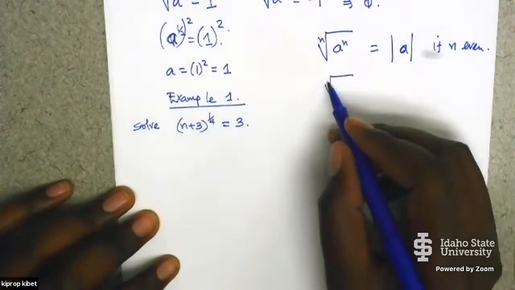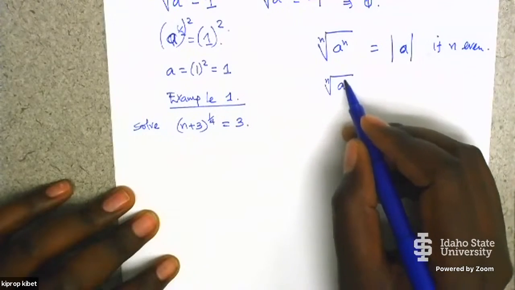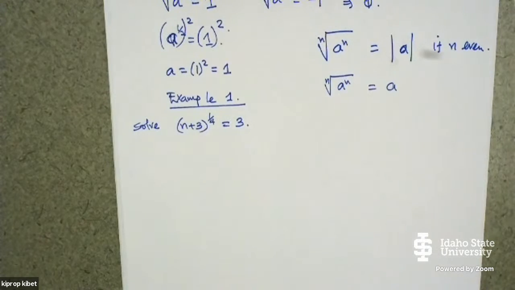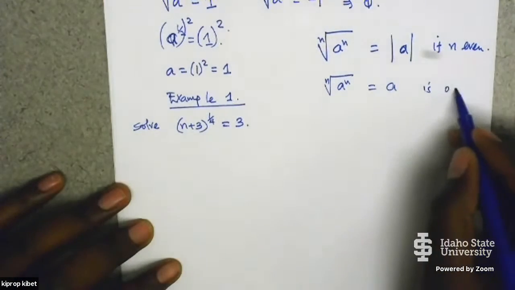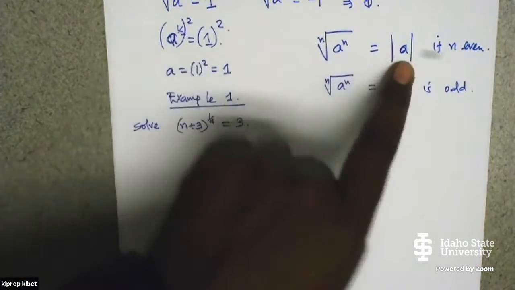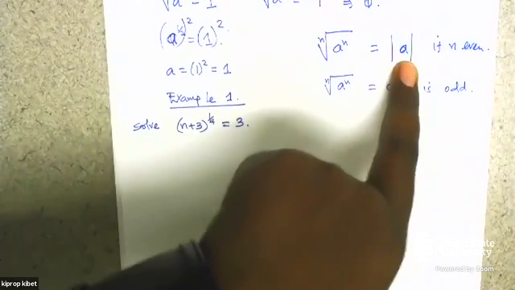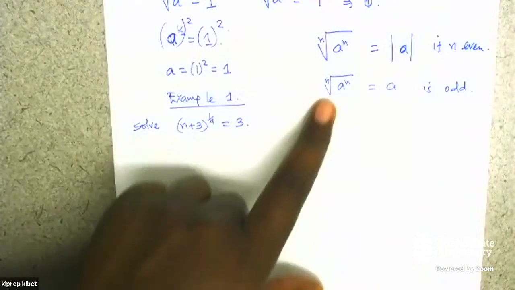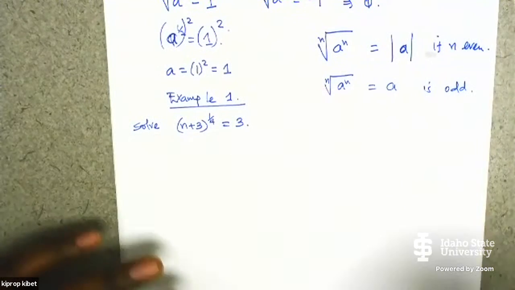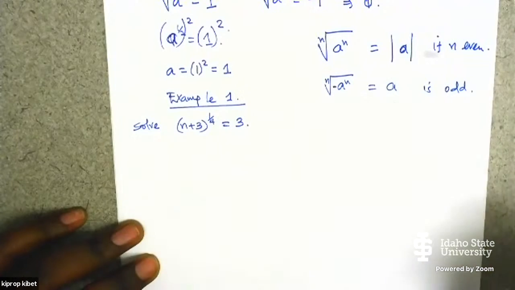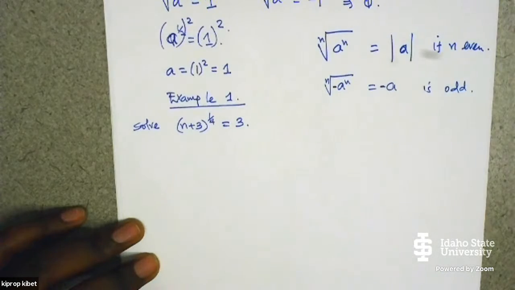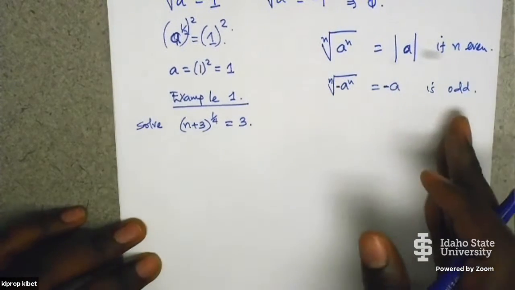And the nth root of A raised to n is equal to A if n is odd. That means this A can be plus or minus. Since this one is odd, then this A can also be negative. So what we get is a minus, or it can be plus, and what you get is a plus.